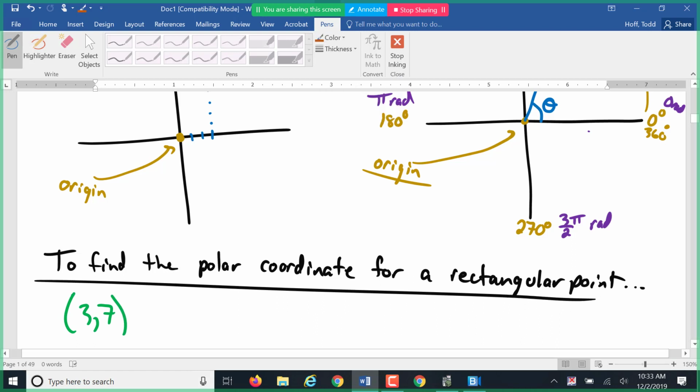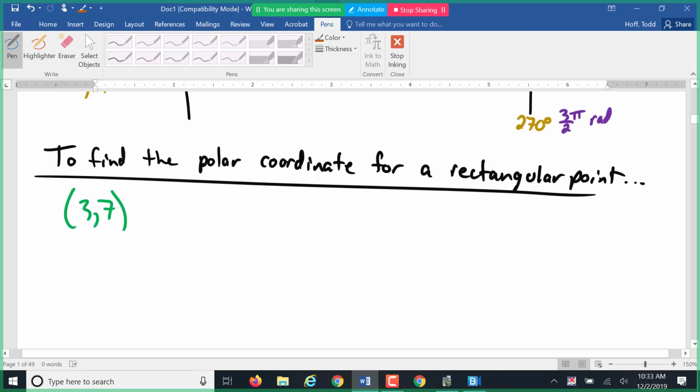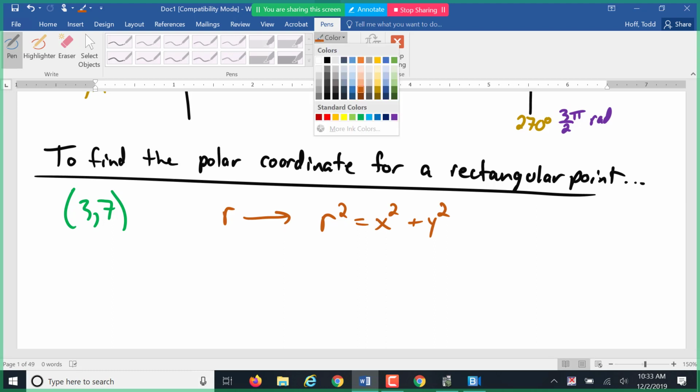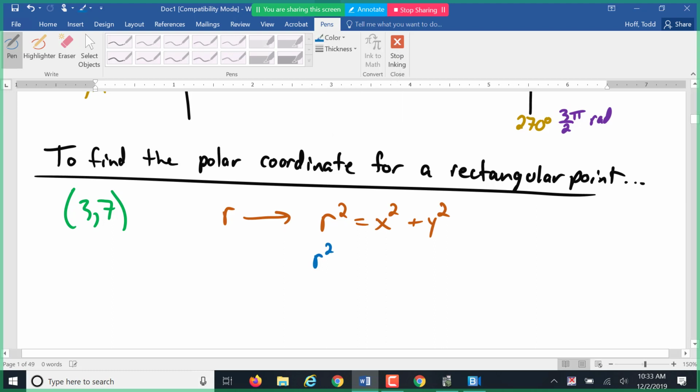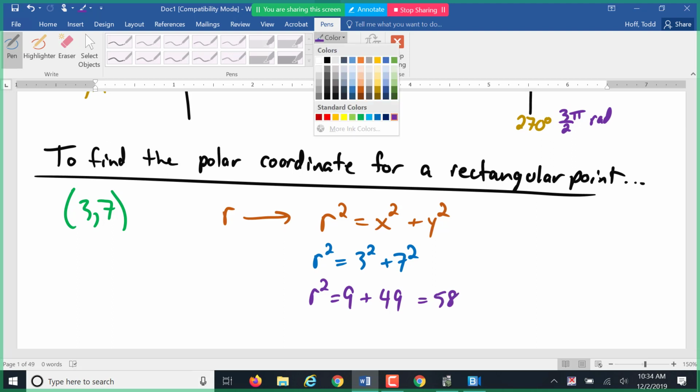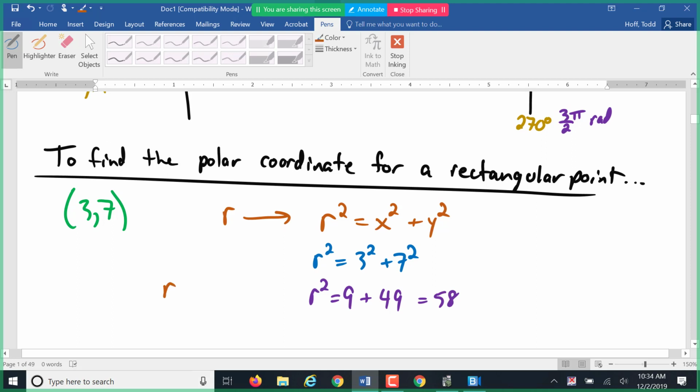We find r. R is going to be found by simply using that Pythagorean relationship. R squared equals x squared plus y squared. So here we've got r squared equals 3 squared plus 7 squared. 3 squared is 9, 7 squared is 49, adding up to 58. So r squared is 58, or r equals the square root of 58.